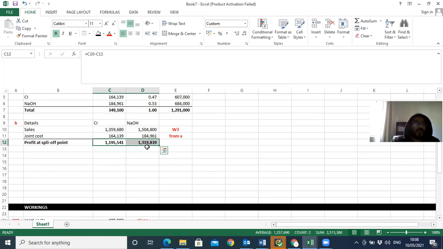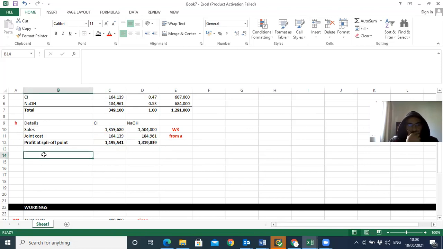Now we must work out the profit after further processing.